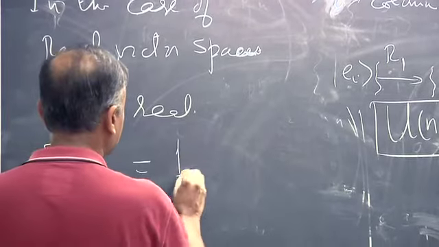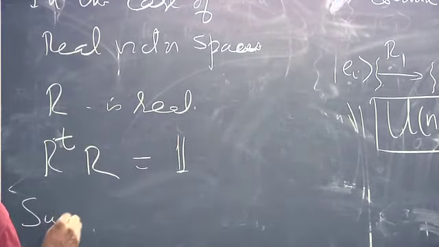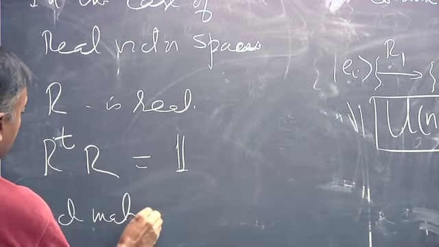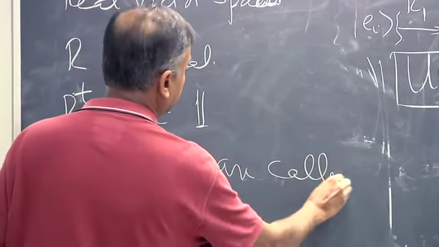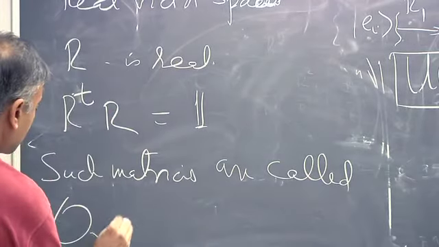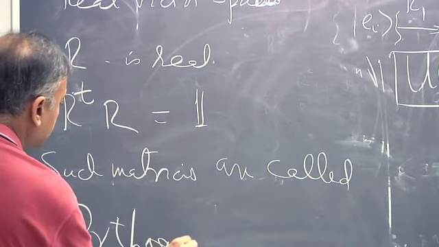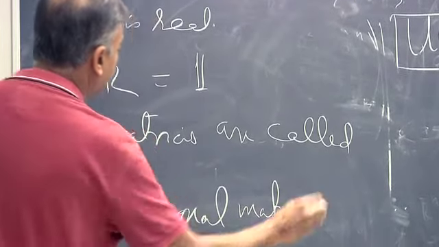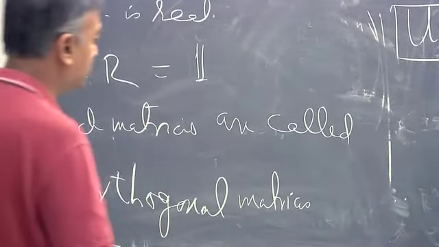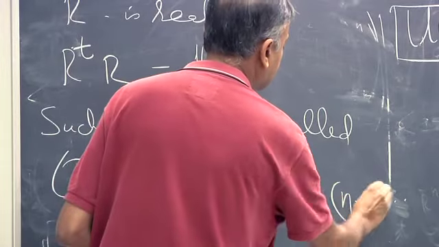So this is equal to identity. Such matrices are called orthogonal matrices, n cross n orthogonal matrices.